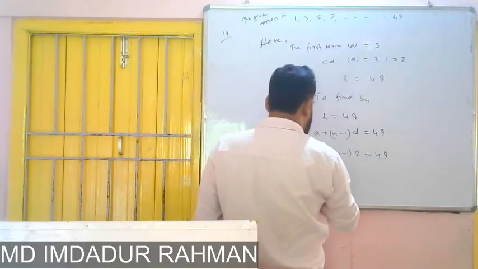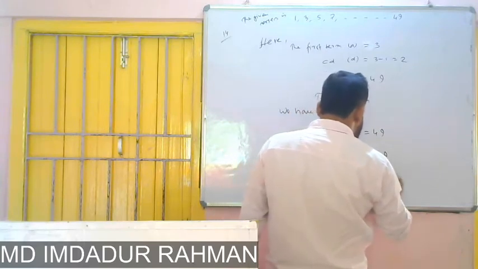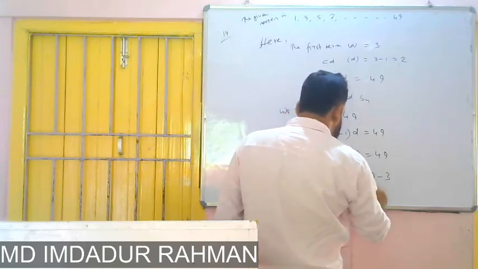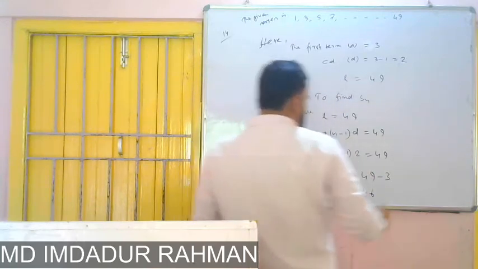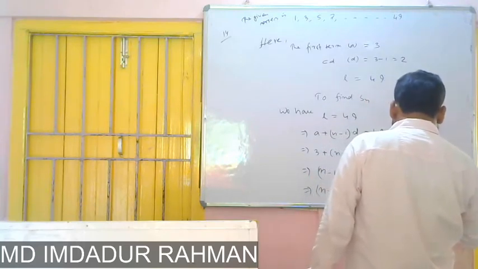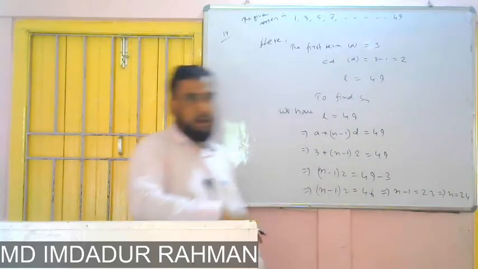This implies n minus 1 into 2 is equal to 49 minus 1, implies n minus 1 into 2 is equal to 48, implies n minus 1 is equal to 24, implies n is equal to 25. So your value of n is 25.